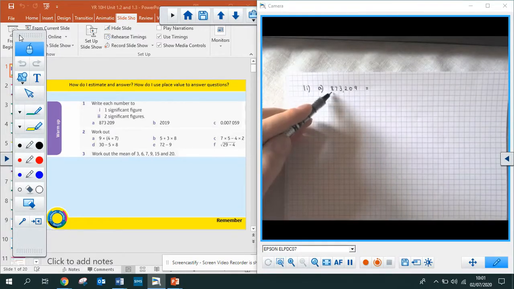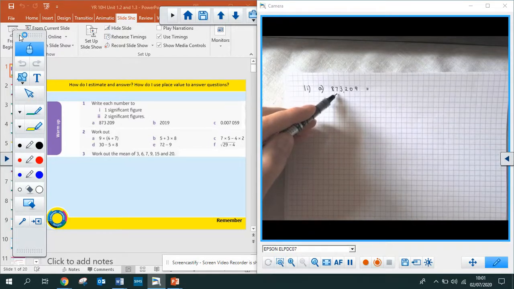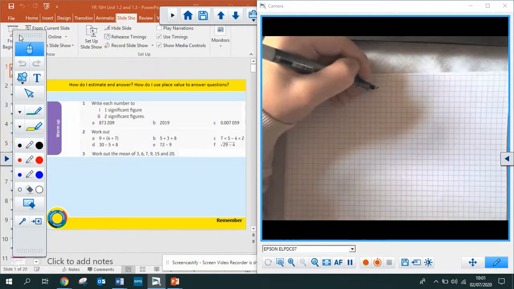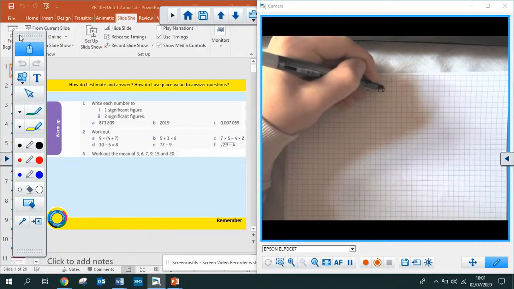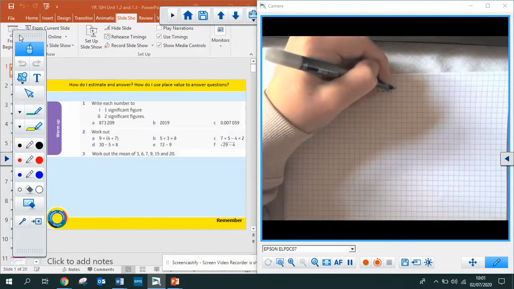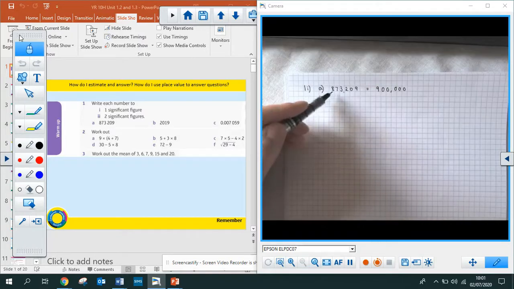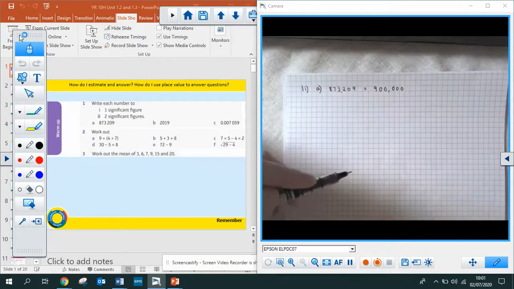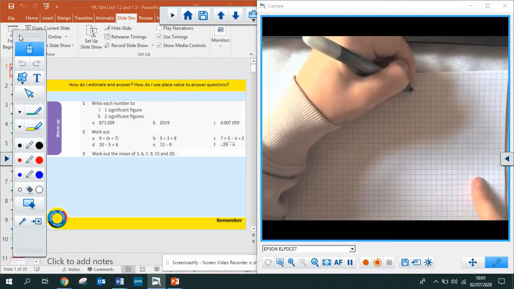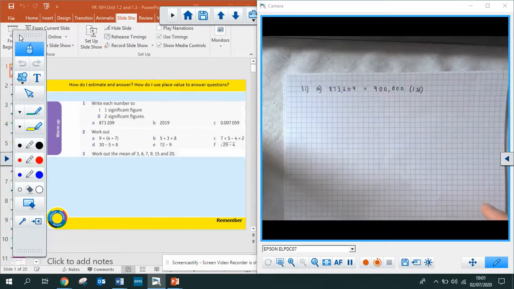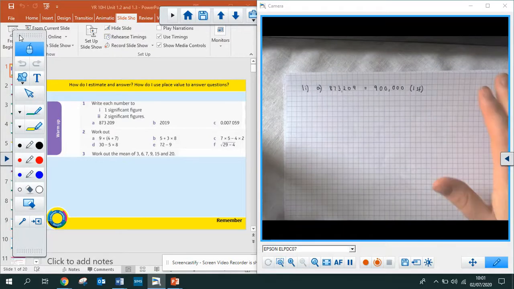The first non-zero number is 8. You look at the number next to it, that's 5 or more, so I'm going to round 8 up to 9. And then I put zeros where the remaining digits are to hold the value of that number, okay? So I've rounded 873,209 to 900,000, okay? And that's 1 significant figure. Okay, SF means significant figure.